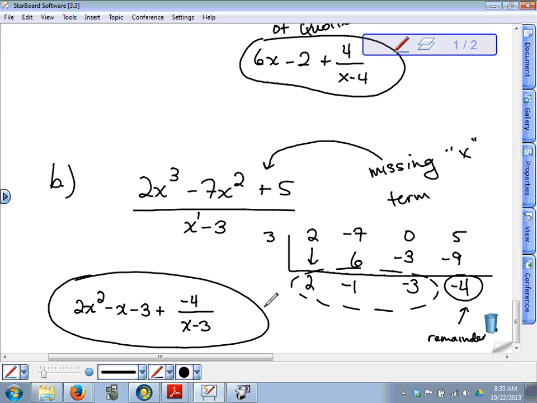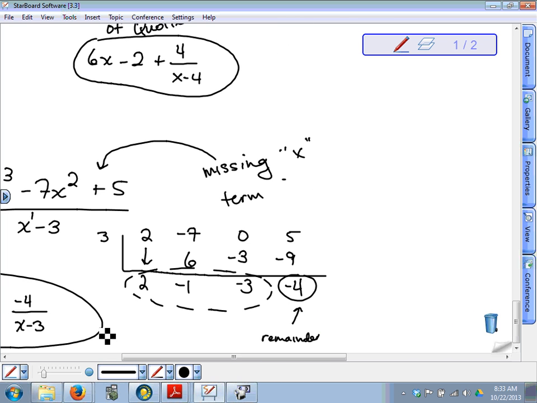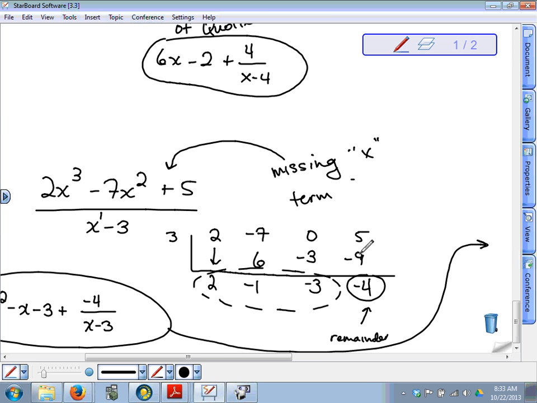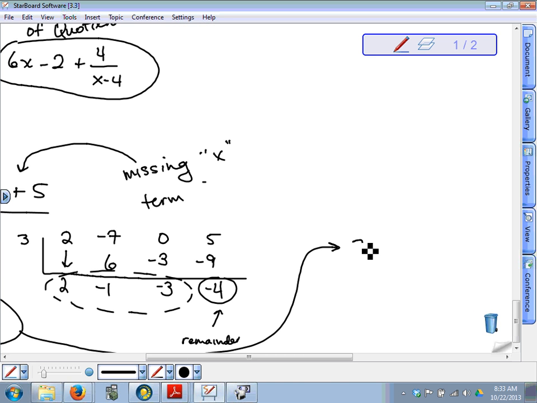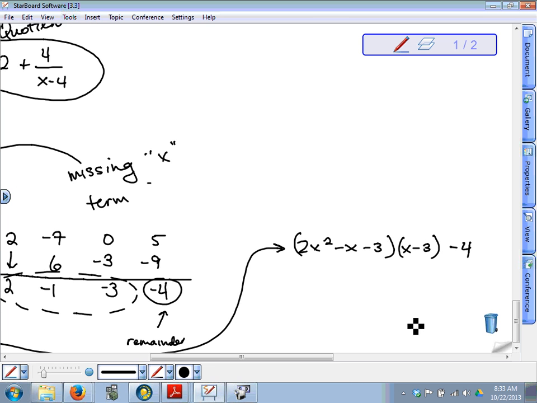Now, let's represent this a different way. So draw an arrow from here. Your homework is going to ask you to do this as well. If you take the divisor and multiply it by the quotient, so the quotient was 2x squared minus x minus 3. If you multiply that with the divisor, x minus 3, and then add the remainder.